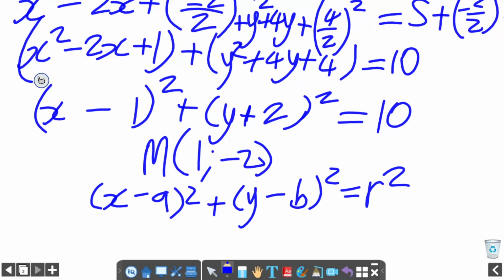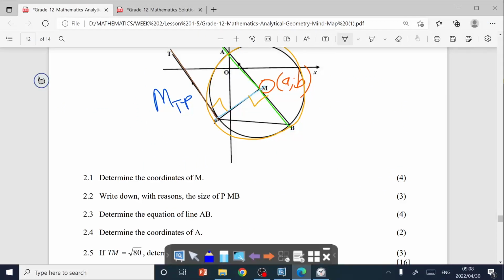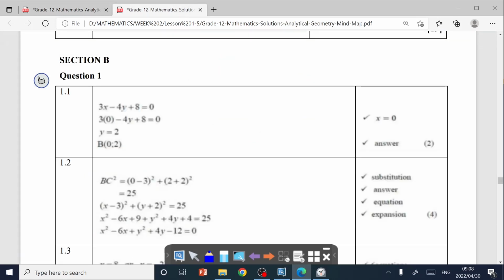A has the opposite sign. So if it's x plus 1, a will be negative 1. If it's x minus 1, a will be positive 1. The same applies to b.